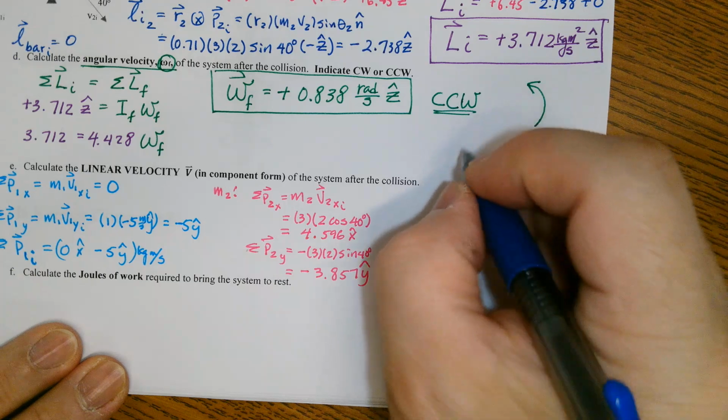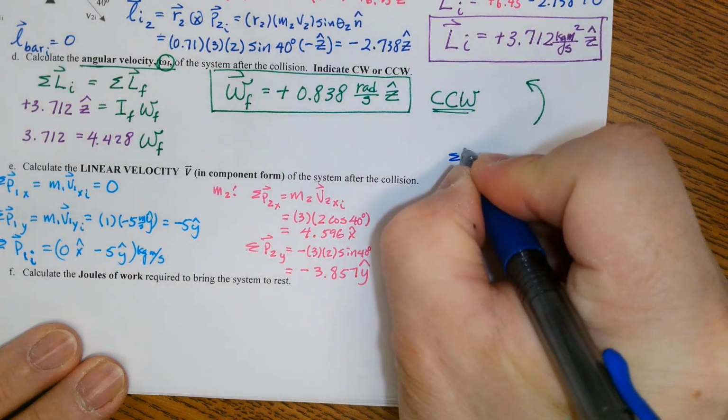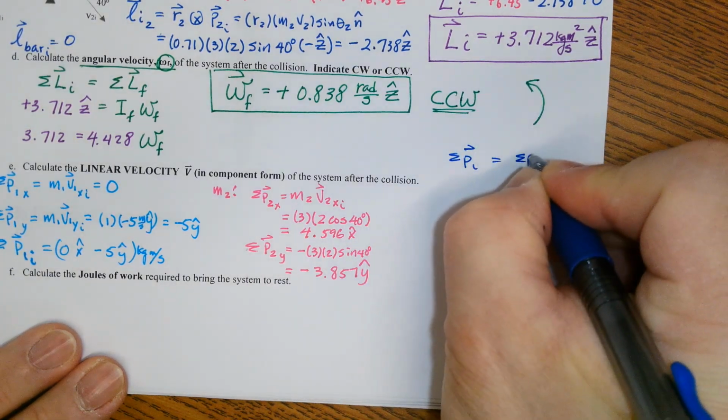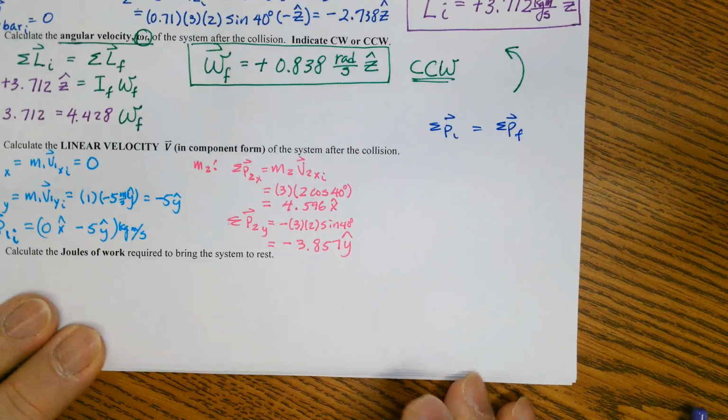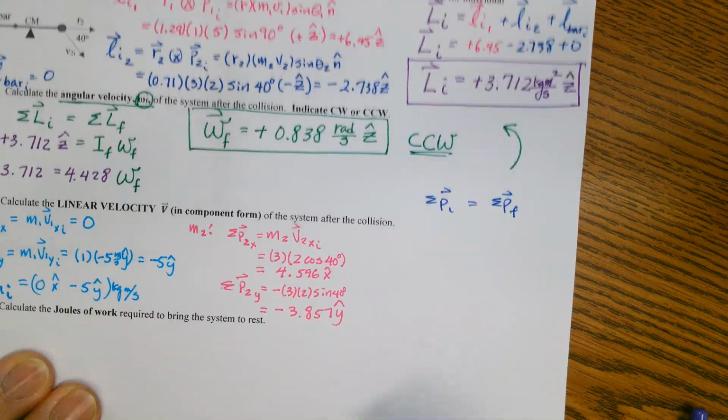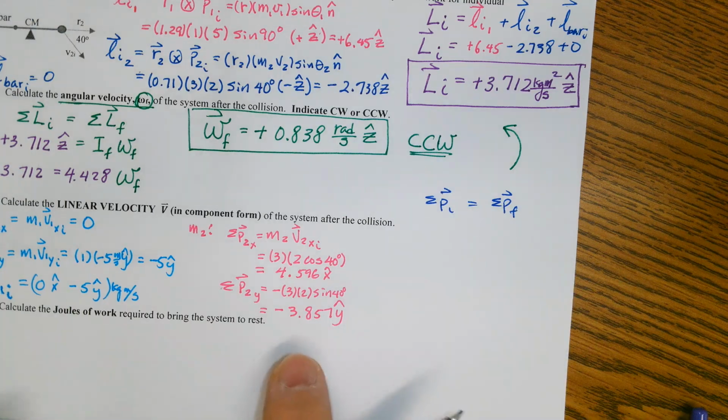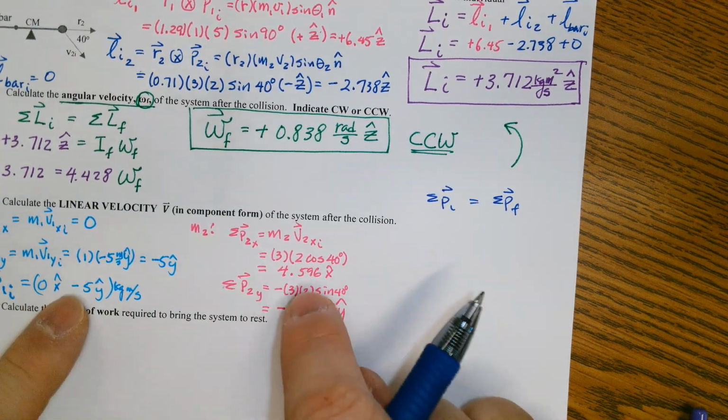I could say the sum of all momentum initial must equal the sum of all momentum final. The sum of all momentum initial is if I add these two together.